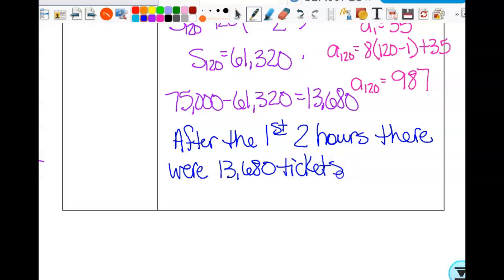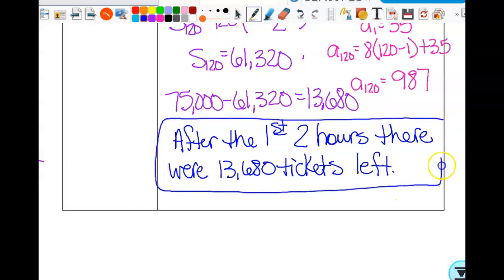Are there different ways to word that sentence? Absolutely. But the important things are that you say what you're actually trying to say and that you have the correct units on whatever your number is. And that's that. Okay, we good?